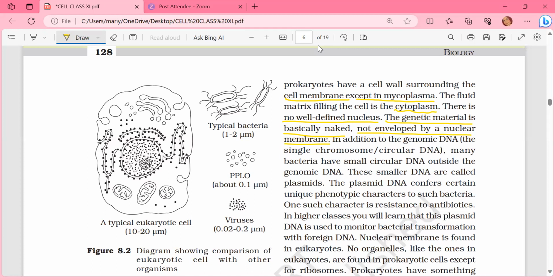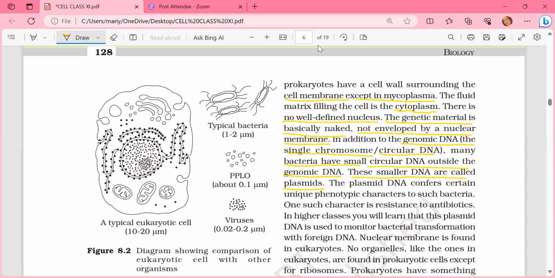Now, in addition to the genomic DNA, which is the single chromosome or circular DNA, many bacteria have small circular DNA outside the genomic DNA. These smaller DNA are known as plasmids. So the prokaryotic cells have an extra DNA apart from the genomic DNA, and that DNA is known as the plasmid.